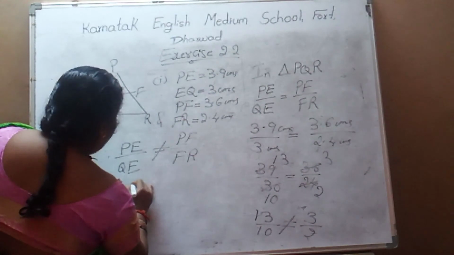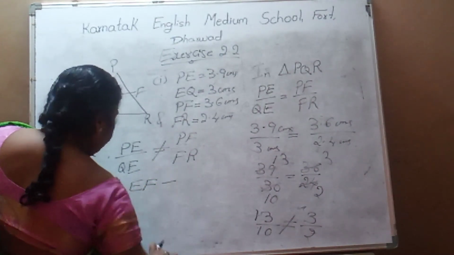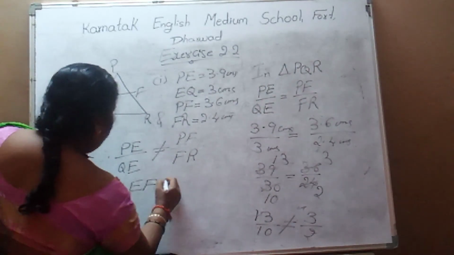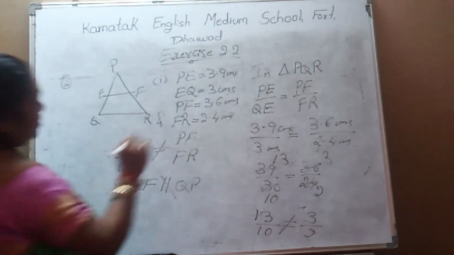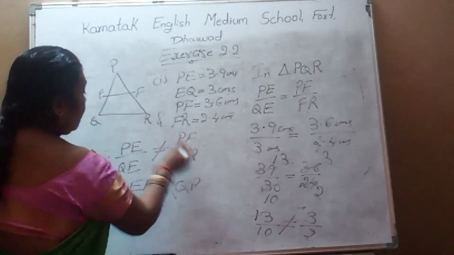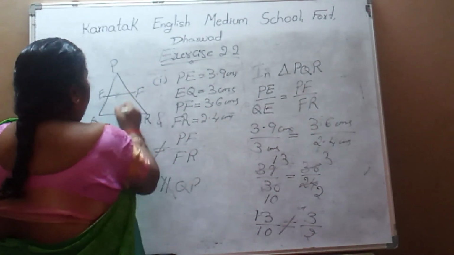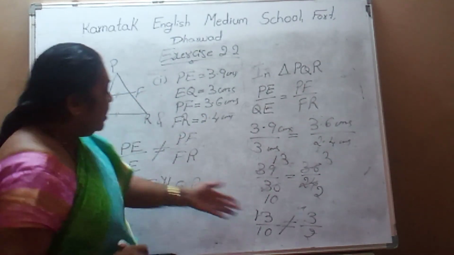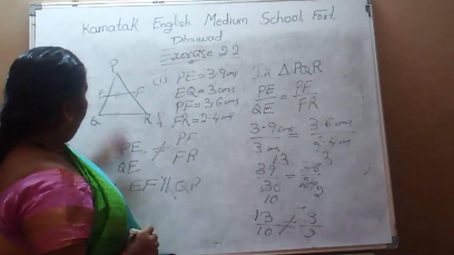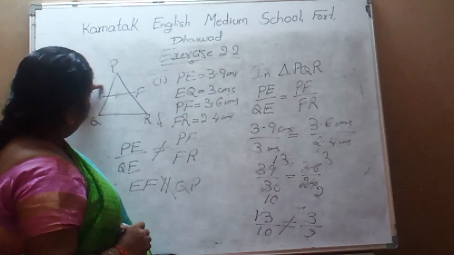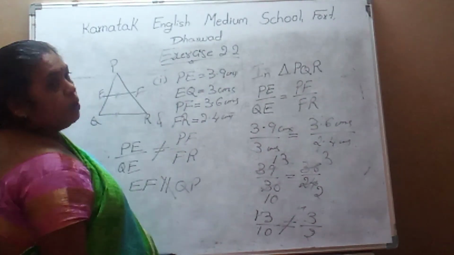Therefore, EF is not parallel to QR. Only when these proportions are equal are these two lines parallel. But here you didn't get the same answer. Proportions are different. So therefore, EF is not parallel to QR.